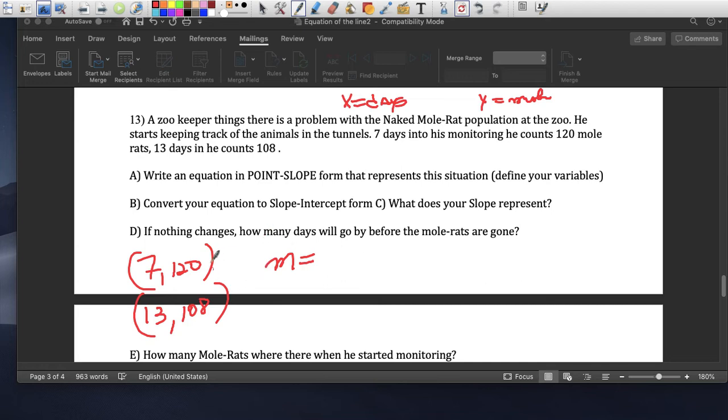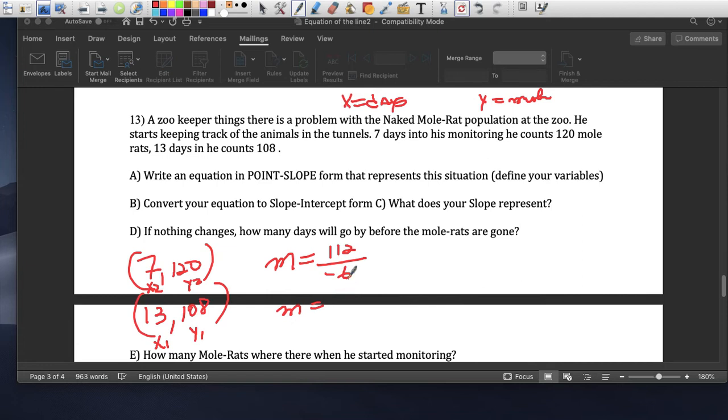y2 minus y1. I want to do 120 minus 108. So you know what? Just let's do y1, x1, x2, y2. 120 minus 108 is 112. And we're going to do 7 minus 13, which is going to be negative 6. So my slope is going to be 112 divided by 6.